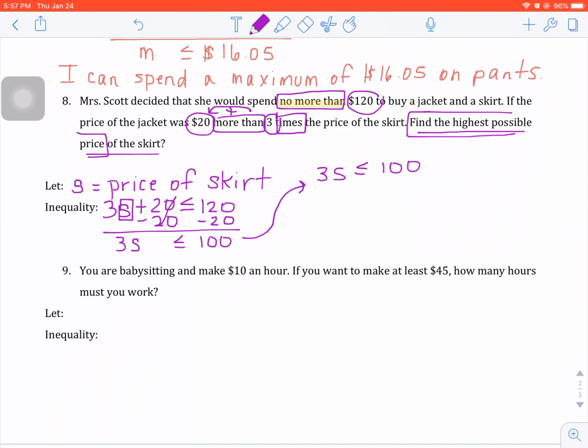Now, since 3 is being multiplied times S, I'm going to undo that multiplication by dividing by 3. And I need to divide both sides by 3. So my 3's are going to cancel out, and I'm left with S is less than or equal to 100. Sorry, 100 divided by 3. We are going to round it to $33.33.